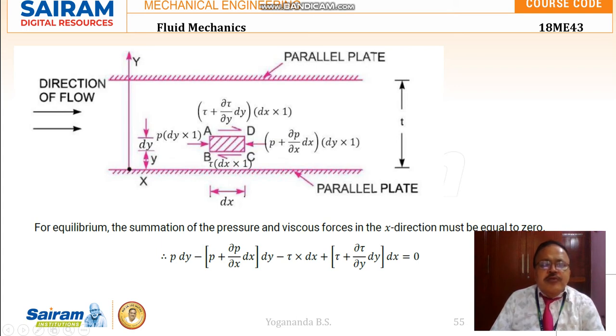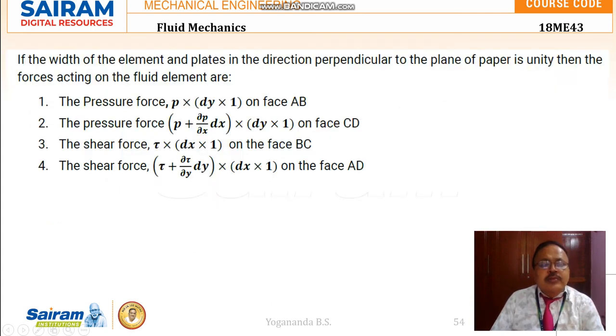The pressure force is pressure multiplied by area, so P into dy into 1. Similarly, on the face CD, the pressure force is P plus del P by del x of dx, into dy into 1.